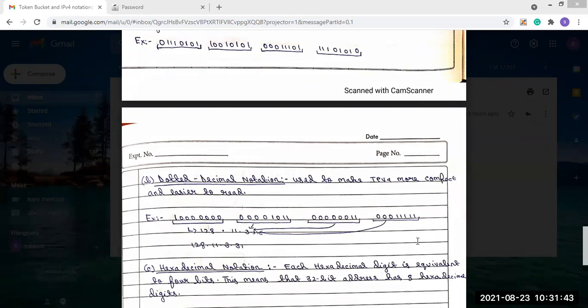Between them, the most important are the binary notation and the dotted decimal notation.